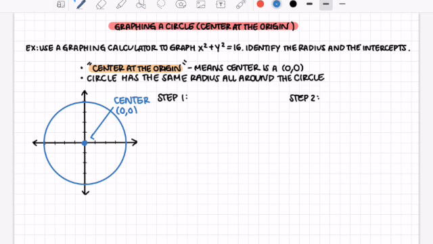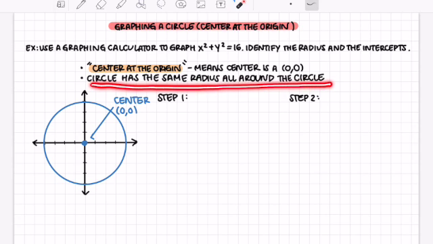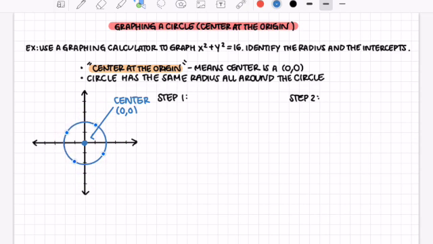Okay. So if that is our center, that means that our radius is going to be around that center area. And it's also important to note that circles have the same radius all around the circle. So for example, if my circle had a radius of 1, that means that if we go 1 unit to the right, so this is 1, 0, then everywhere on our graph has to be 1 unit as well.